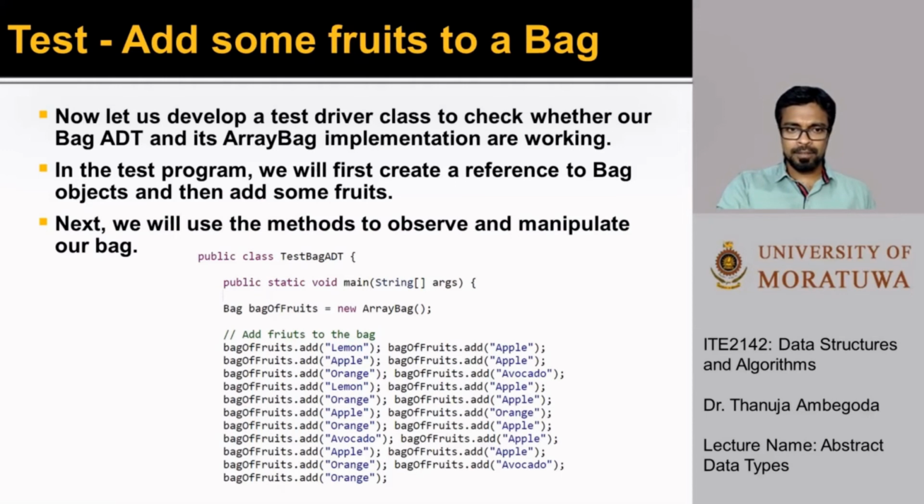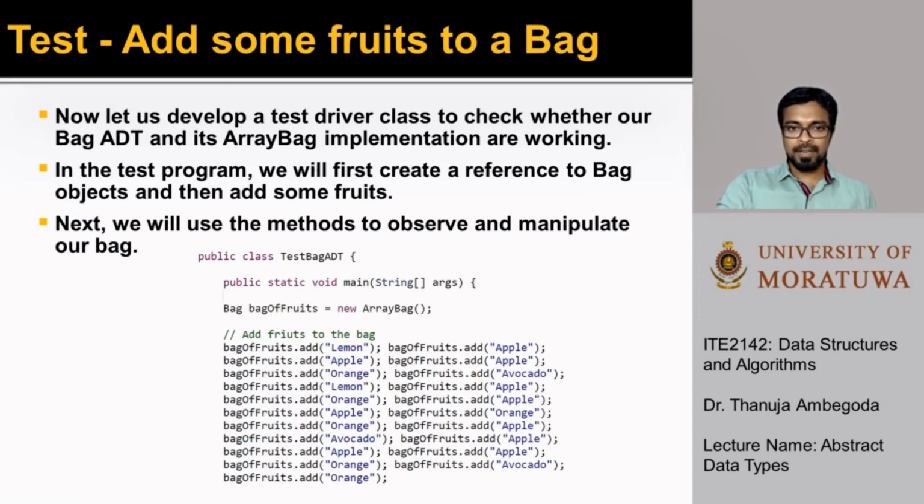As before, we have the class definition. This is called TestBagADT, and we have the main method defined here. We instantiate bag of fruits, new ArrayBag. Then we are adding some fruits. We call bag of fruits dot add lemon, bag of fruits dot add apple.